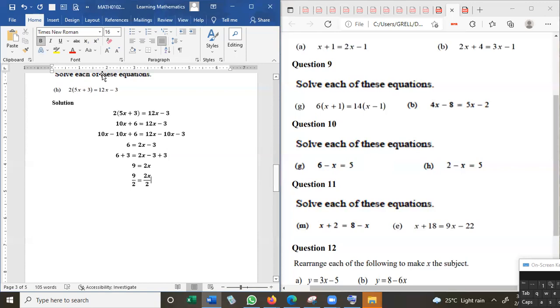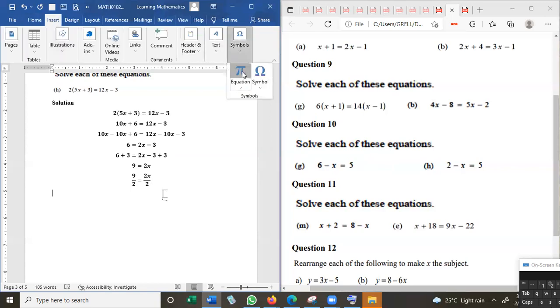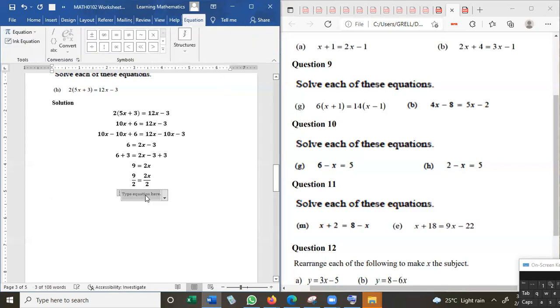You can leave it as 9/2, or you can put it as 4.5. x is equal to 4.5.